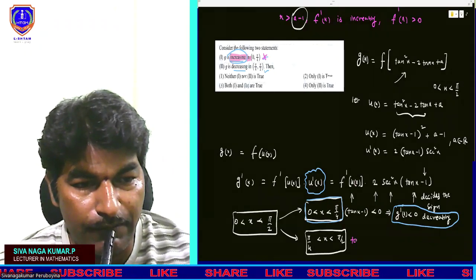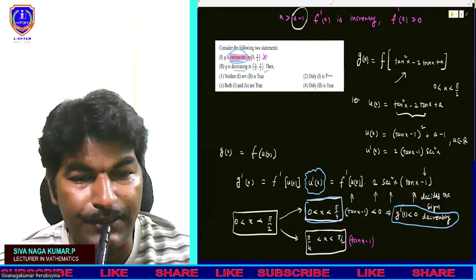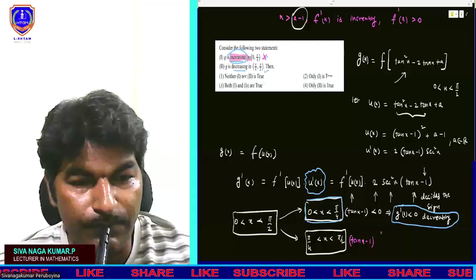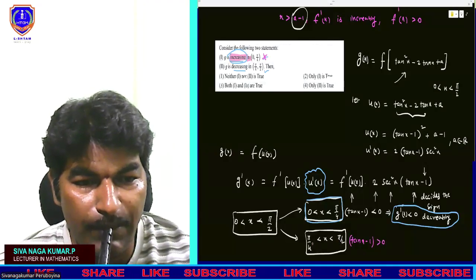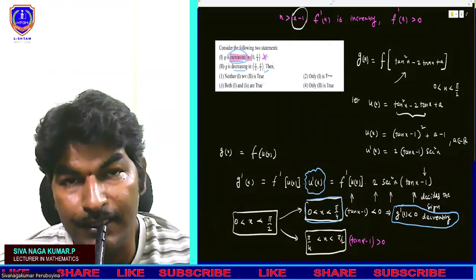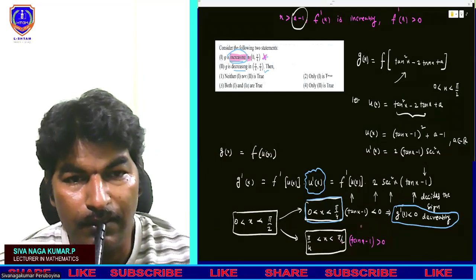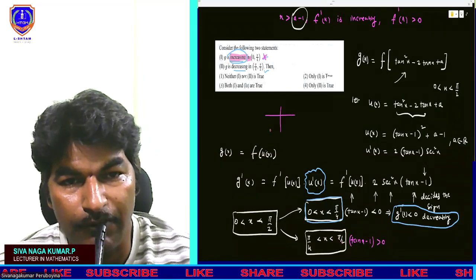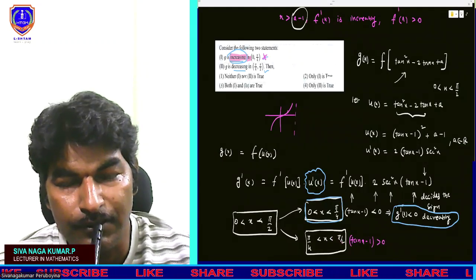Now again, we will examine tan x minus 1. What happens in the interval pi by 4 to pi by 2? Of course it is positive, because more than pi by 4 means, of course, tan x is an increasing value in the first quadrant. We know the tan x graph looks like this, right?